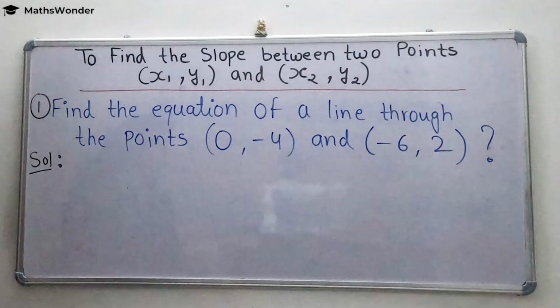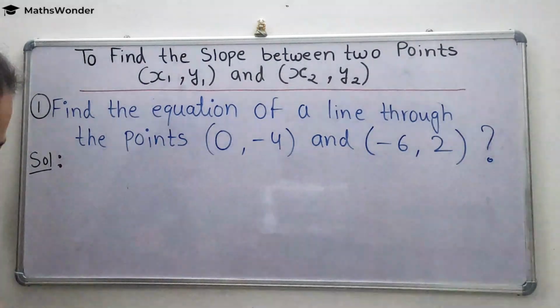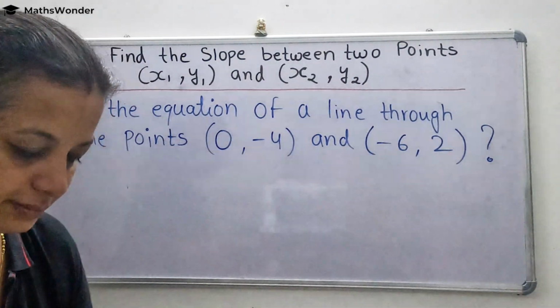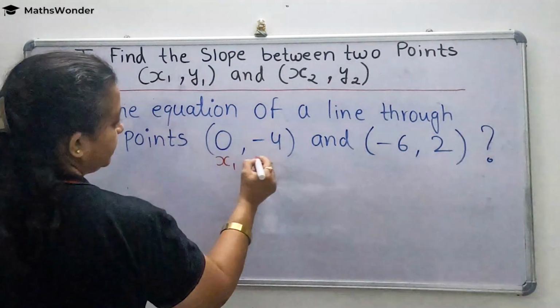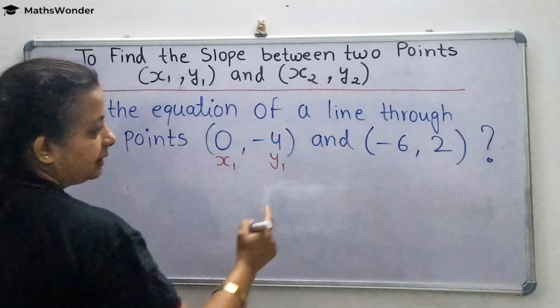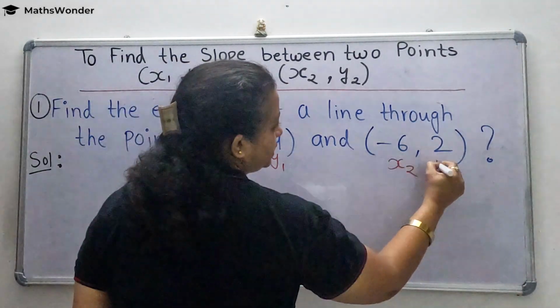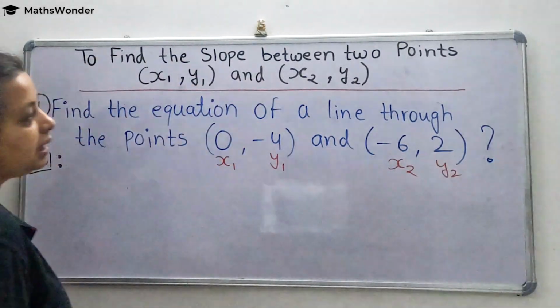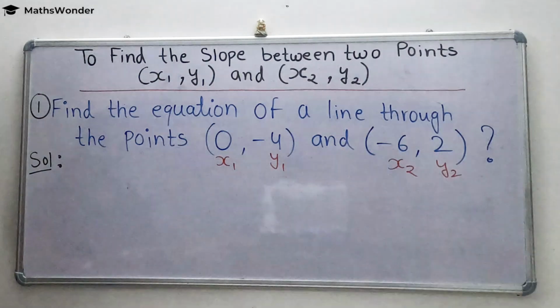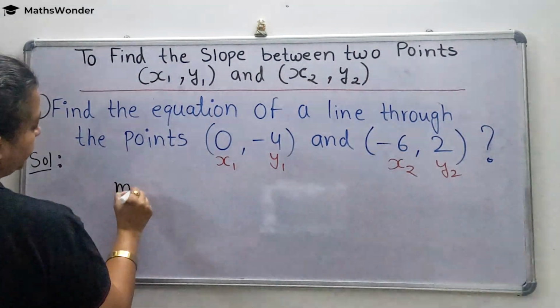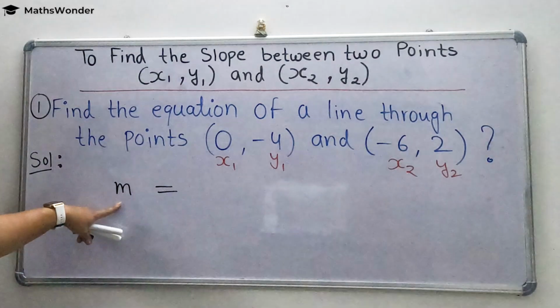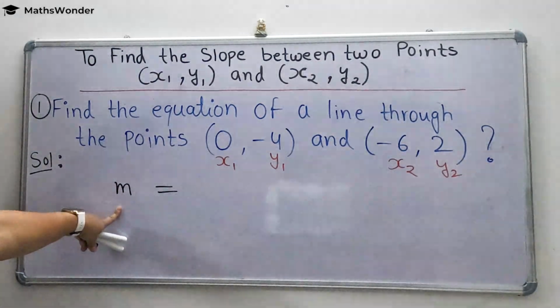You have to do y2 minus y1, so 2 minus 0. This is your x1, this is your y1, right? And this is your x2, this is your y2. The slope between two points, we represent with a small m.